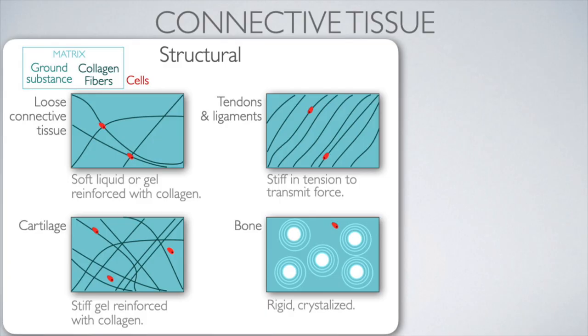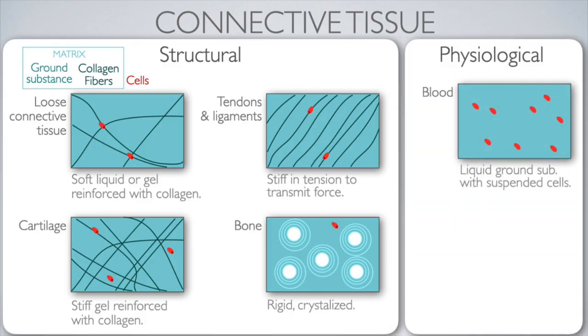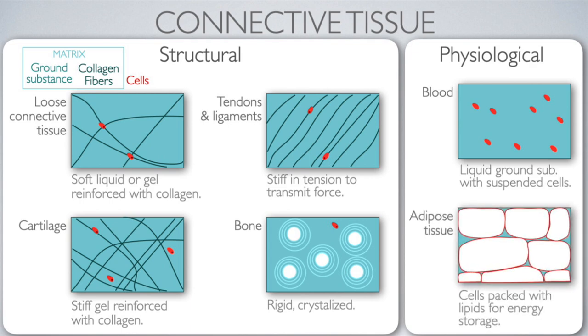We're going to refer to them lots in the course, but there are also physiological connective tissues. Blood qualifies as a connective tissue. Its ground substance is liquid, plasma, instead of the proteoglycan gel, so a special case, as is the adipose tissue that composes the fat stores in your body, which we did talk about.